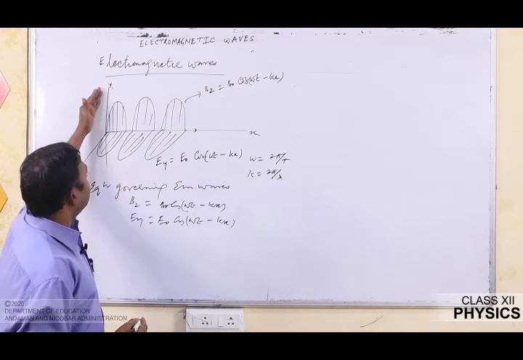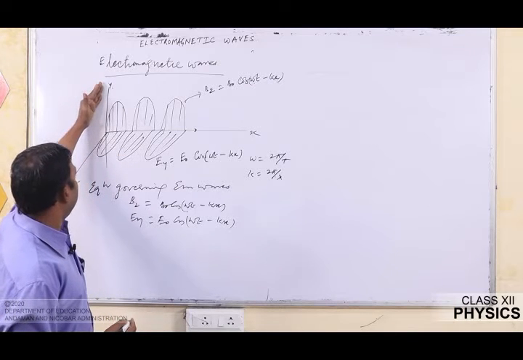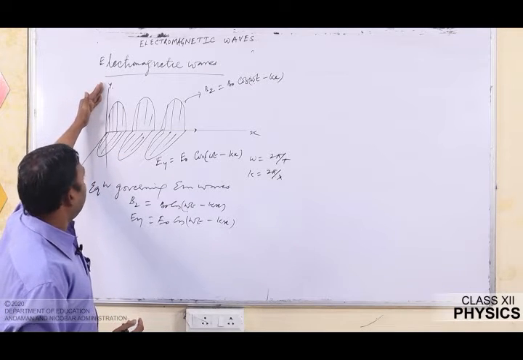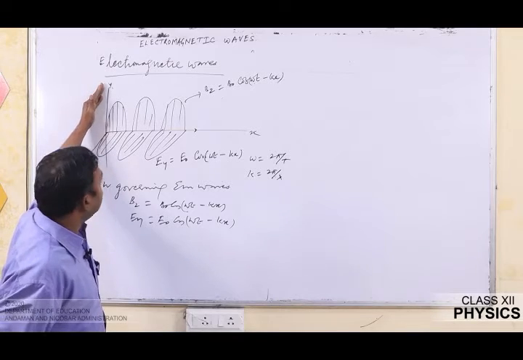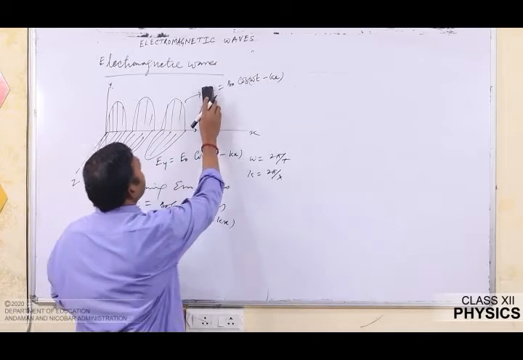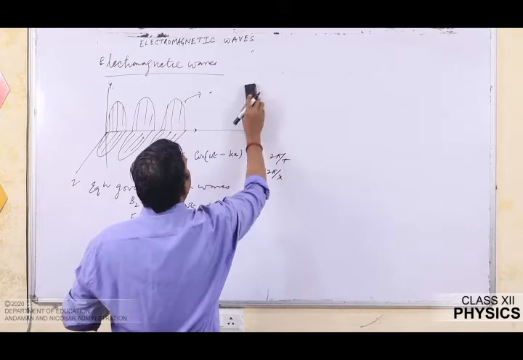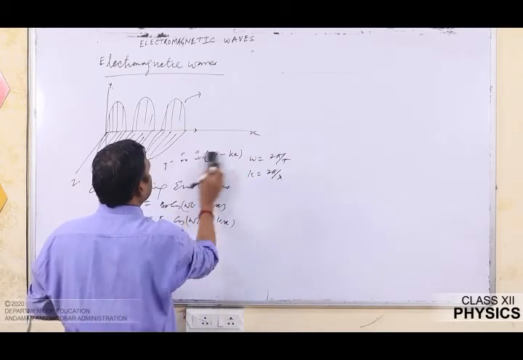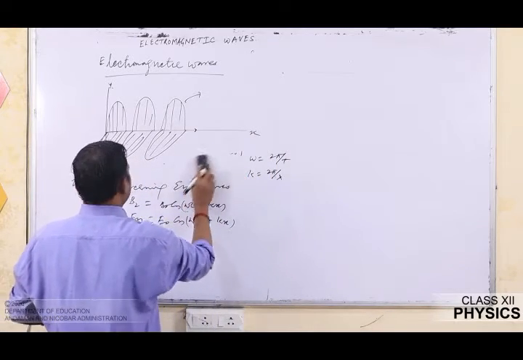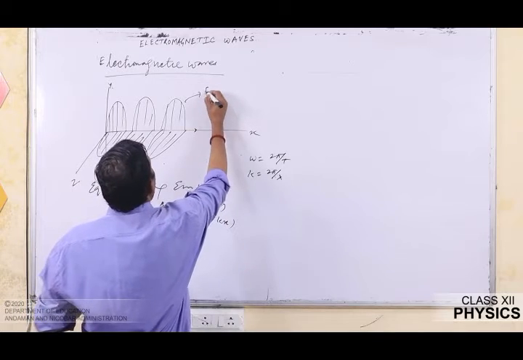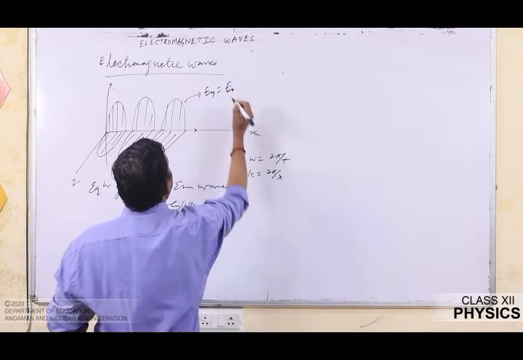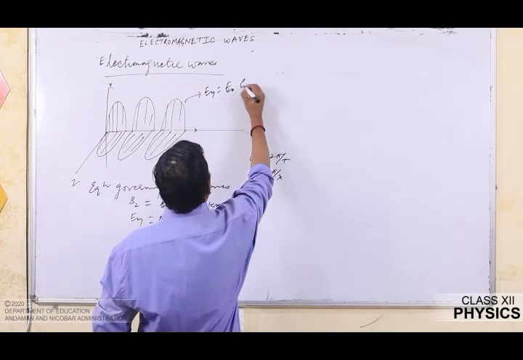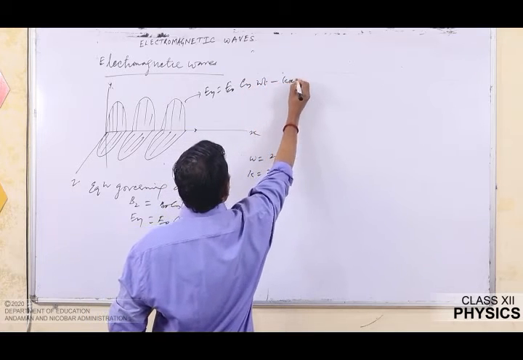Here in the graph you can see that along the y axis the electric field is represented, and this electric field is given by Ey is equal to E0 cos(omega t minus kx).